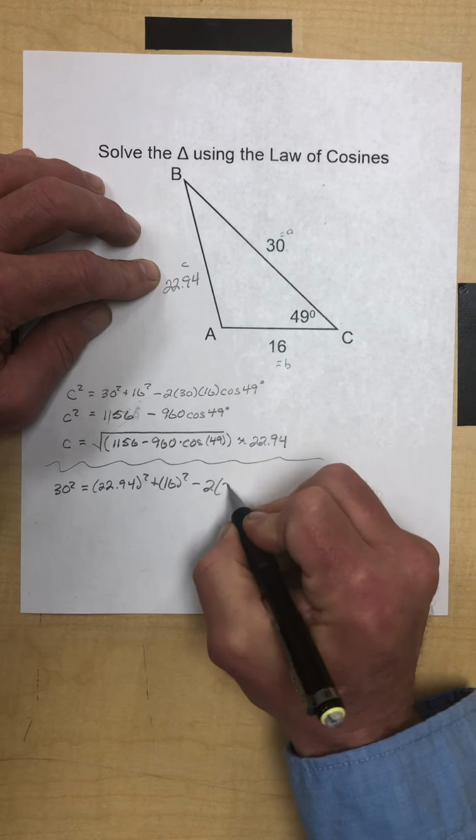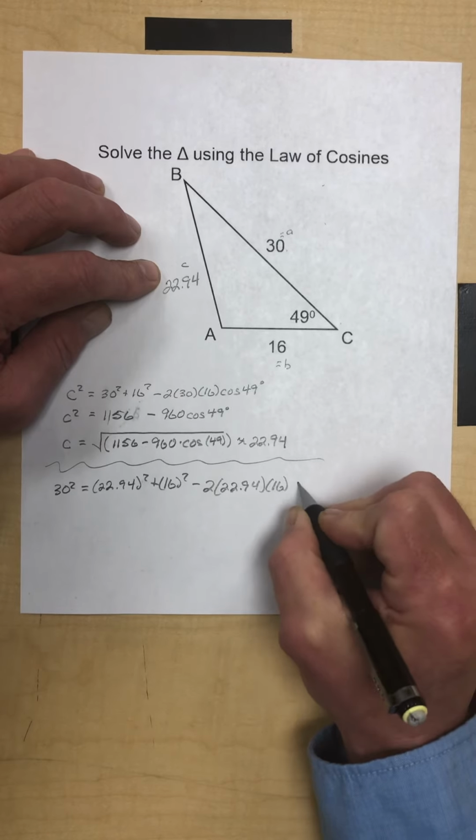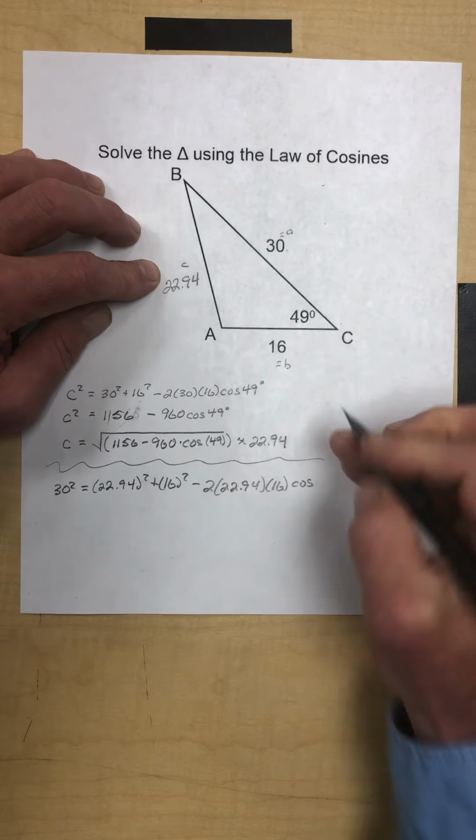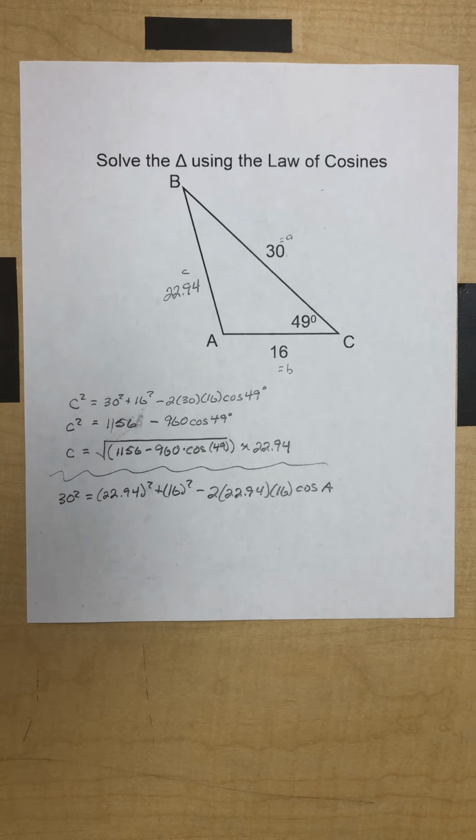So 2 times 22.94 times 16 times the cosine of angle A. Now notice, we're going to have to use cosine inverse here to be able to find the measure of angle A. So one thing that I would do is I would isolate cosine of angle A first, and then just go ahead and use cosine inverse, and punch everything in.